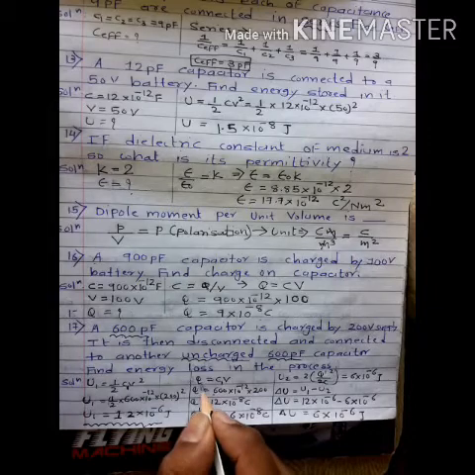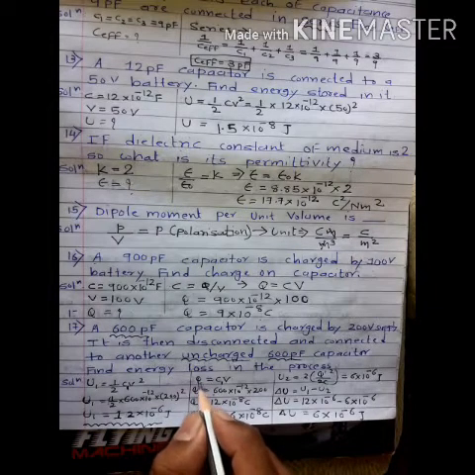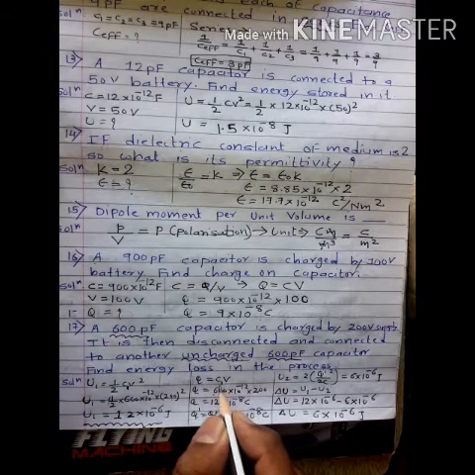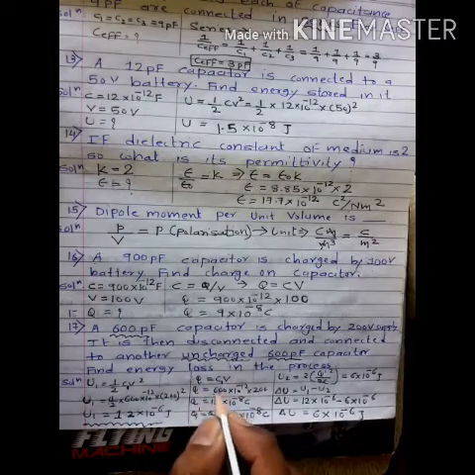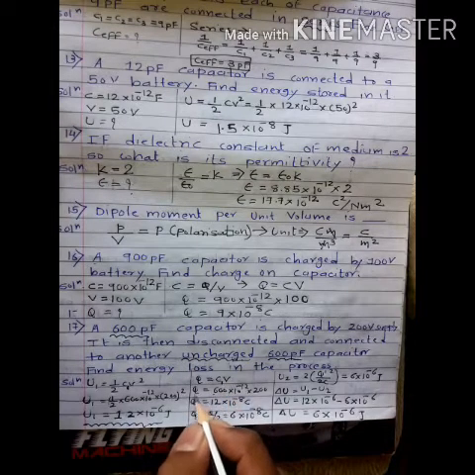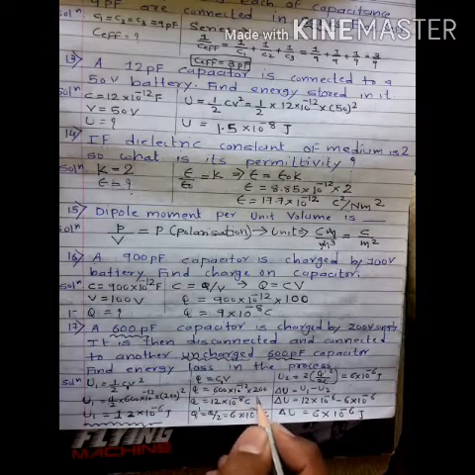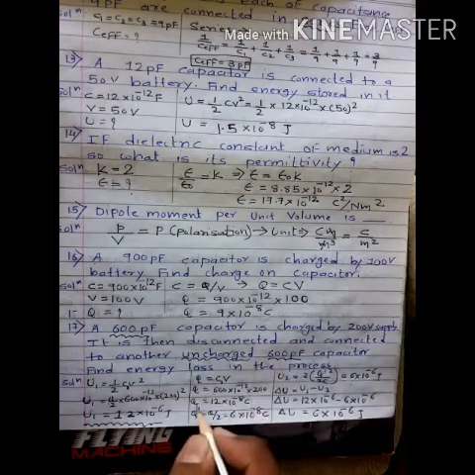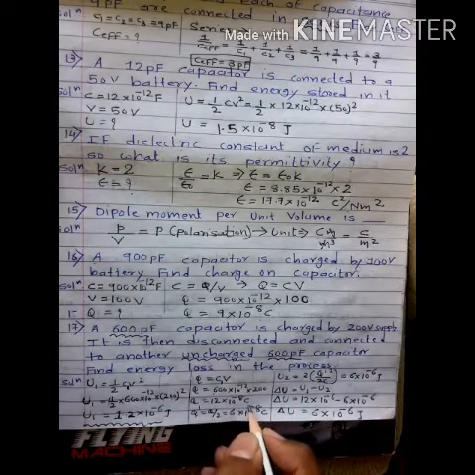So this is the energy stored in the first capacitor. Now we calculate the charge stored in the first capacitor. Q is equal to C into V. Here we have the first capacitor, therefore we use C1. So Q is equal to C1V. Therefore Q is equal to 600 into 10 raised to minus 12 into voltage 200. So the charge on the capacitor becomes 12 into 10 raised to minus 8 coulomb.